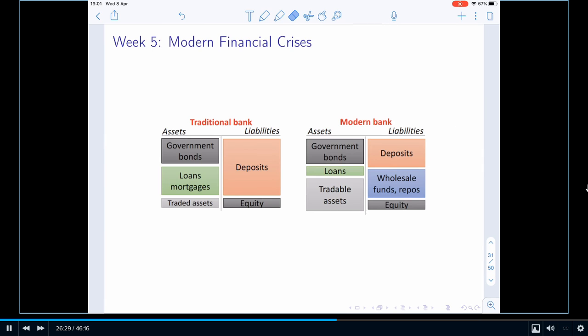Okay, so starting off with just how is a modern bank different from a traditional bank? This was discussed quite extensively in the relevant problem set, so I won't go through it too much here. But remember, the key idea is that the balance sheet of a modern bank looks very different from a traditional bank.